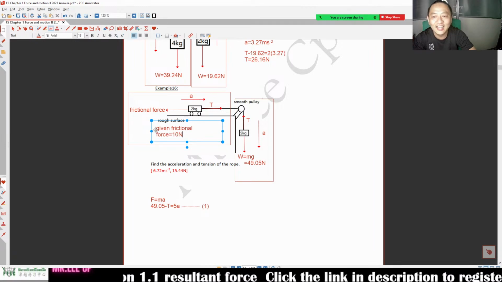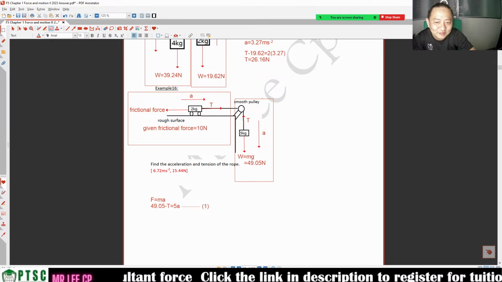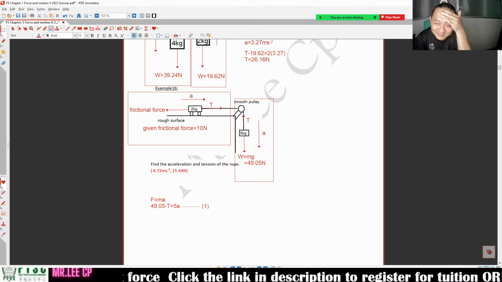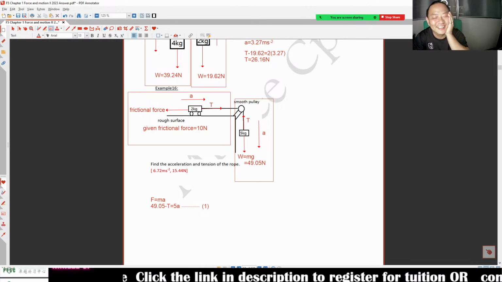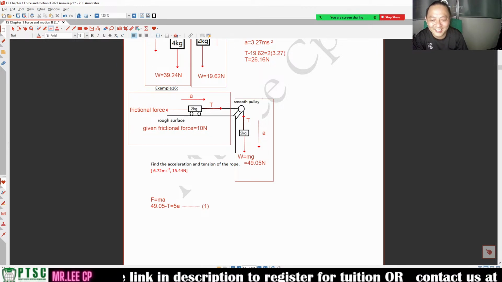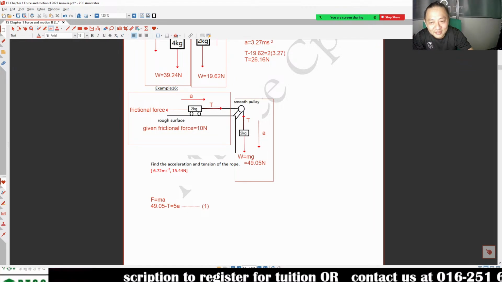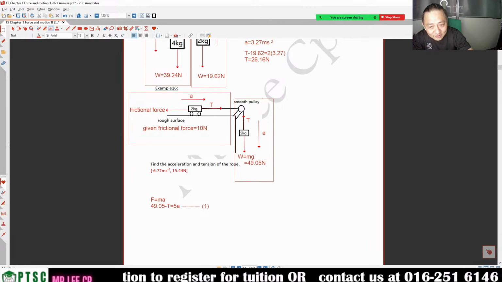Okay. Sorry, I forgot to give you. Forgot to give in the question. No one asked me. I see my own mistake. Given frictional force is 10 Newton, rough surface.